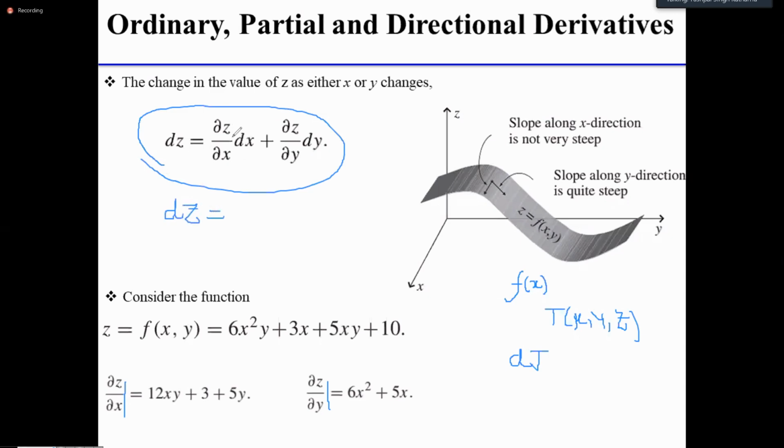So that will be del z over del x into dx plus del z over del y into dy plus del z over del... Sorry, for that you need to consider some other function like f or t. So del f over del z into dz. And then I wrote this change dz in terms of the gradient dot dl.